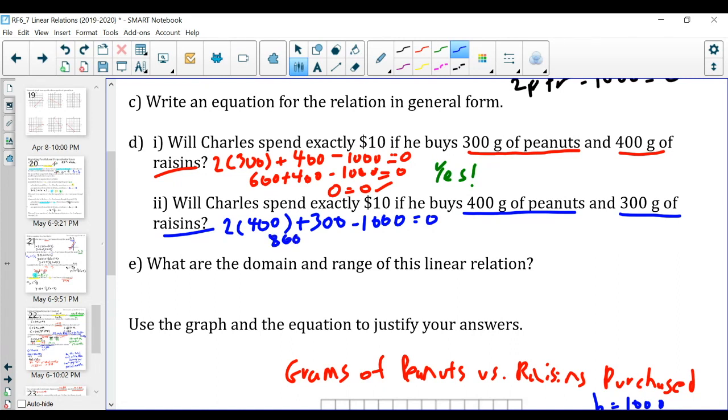We'll have 800 because 2 times 400 gives me an 800 plus 300 minus 1,000 is equal to 0. So this will give me 1,100 minus 1,000 is equal to 0. So I'll have 100 is equal to 0, which is not true. So the answer here is no, he will not spend exactly $10 if he buys 400 grams of peanuts and 300 grams of raisins.